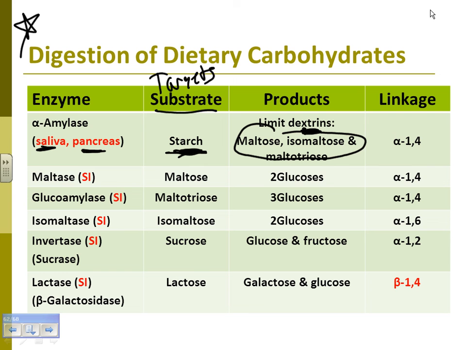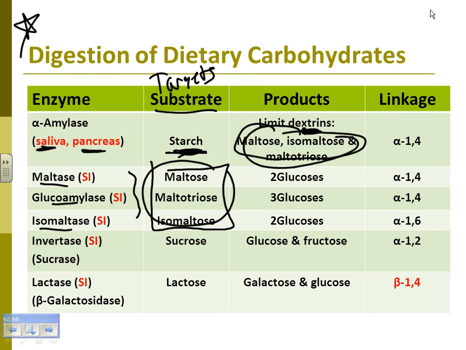So these 3 dextrins are going to become the targets for these 3 enzymes, maltase, glucoamylase, isomaltase. These all are targeting dextrins. Oftentimes everyone makes the mistake, they say, which one targets dextrins? And they say starch. Starch doesn't target dextrins. Starch produces dextrins.